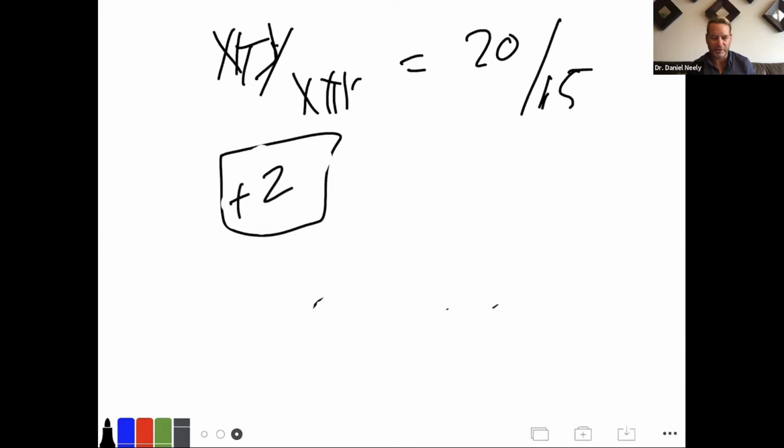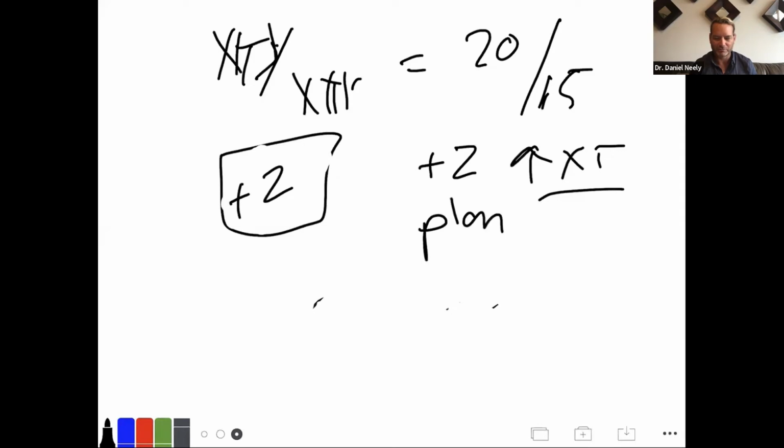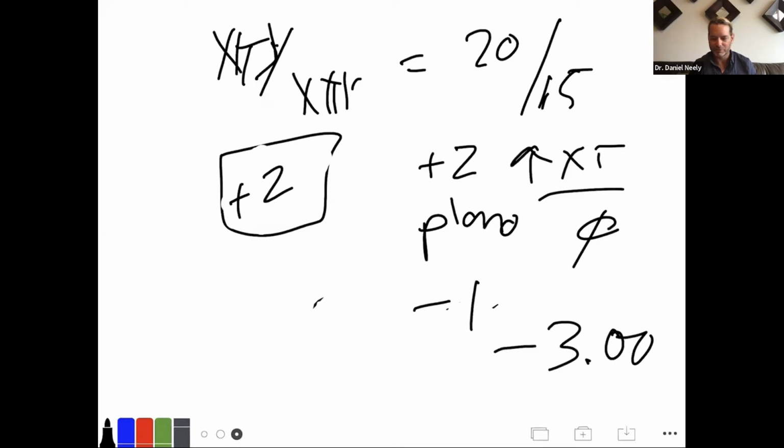Well, that's going to be kind of hard to deal with, because if you don't want to give them +2, there'll be more XT, right? So that's what I'm talking about. Don't do that. If you give them plano, well, that's what they're walking around with anyway, so that's no net change. Someone like that, you'd have to give them something like -1. So now they're accommodating 3 diopters. That could help you potentially.